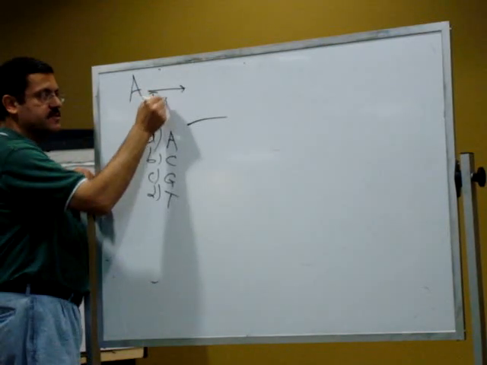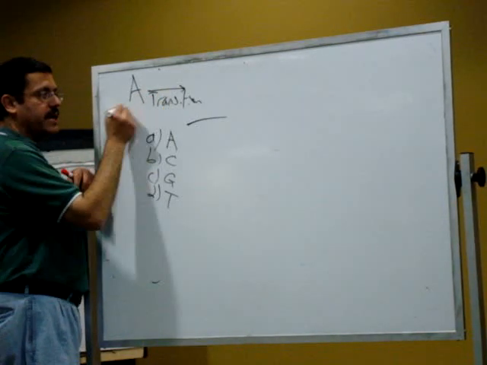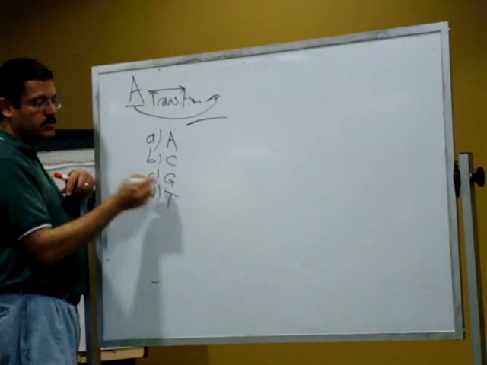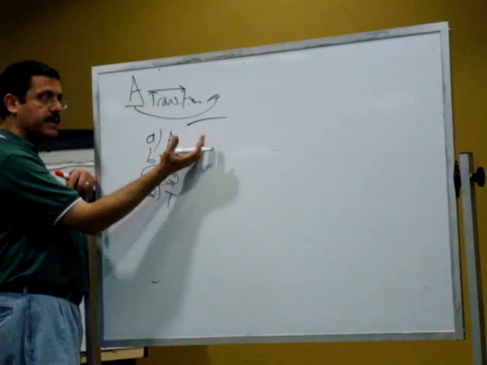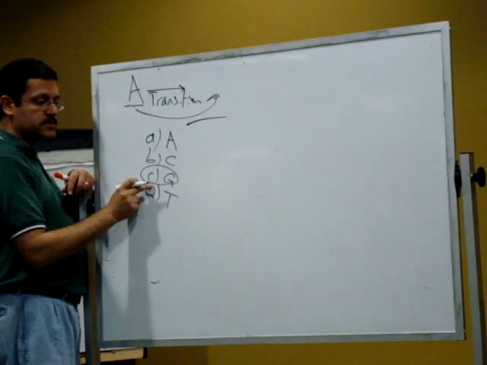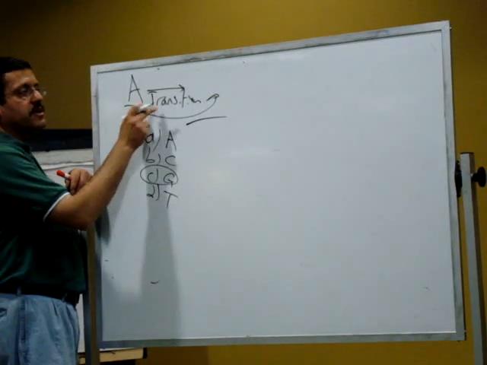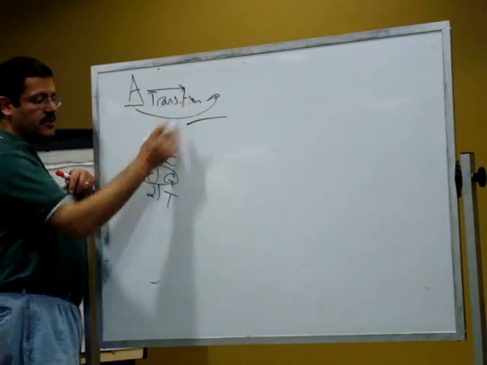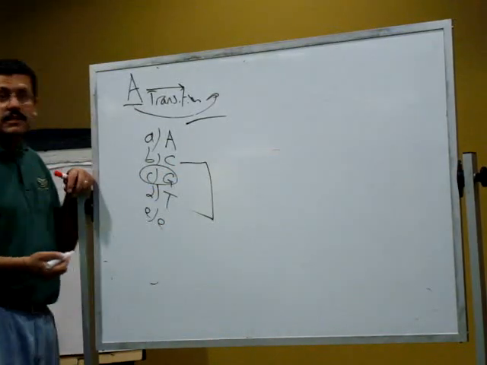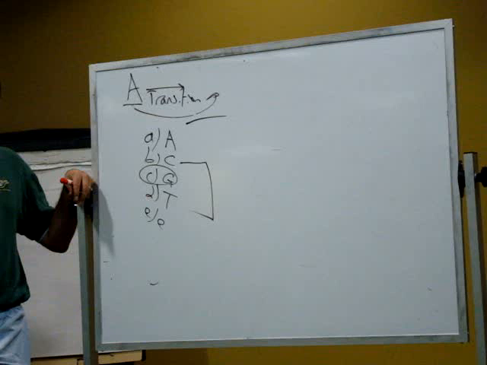So the A would have to convert to what? To be a transition? To G. Because I know it's a purine that will have to result from transitions. Because this is a purine. So it's going to be G. If the question was it's a transversion, then I'll have to have E, two of the above, because it could either be a C or a T. That's transition versus transversion.